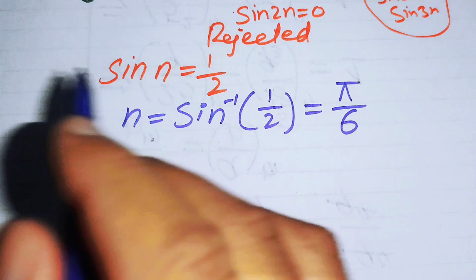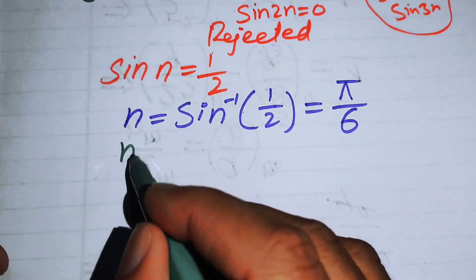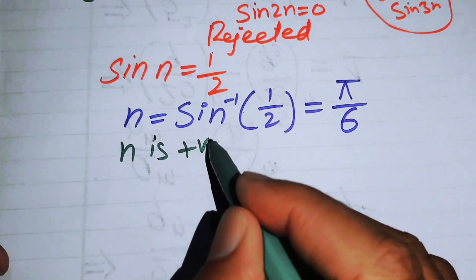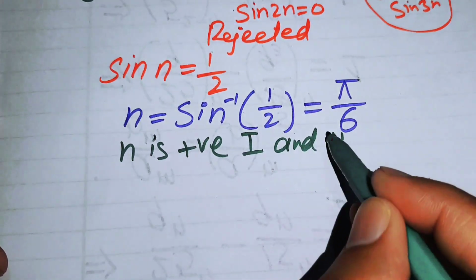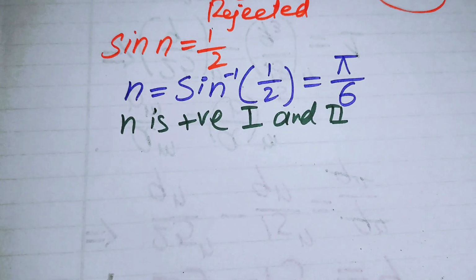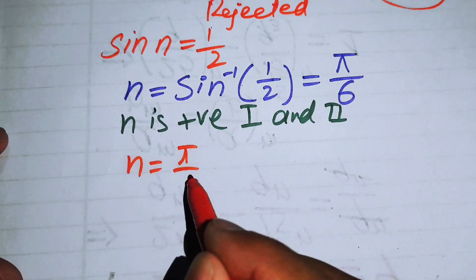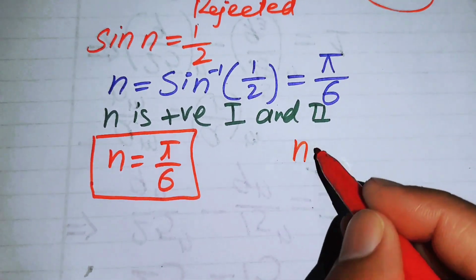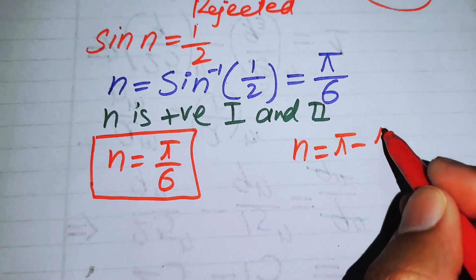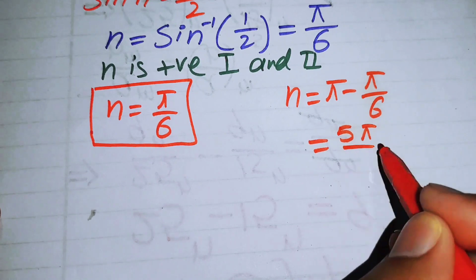Since sine is positive, n lies in the first and second quadrants. The angle in the first quadrant is n equals pi by 6, the reference angle, and the angle in the second quadrant is n equals pi minus pi by 6, which gives 5 pi by 6.